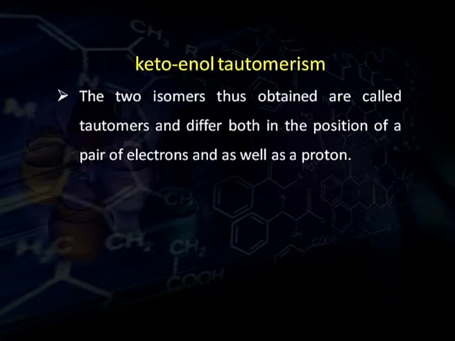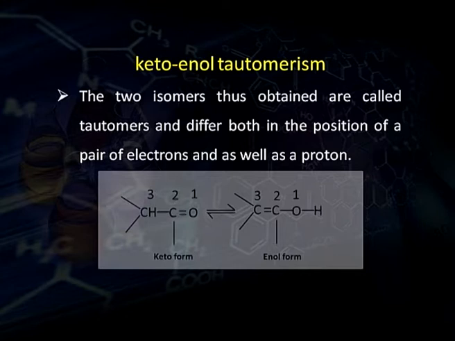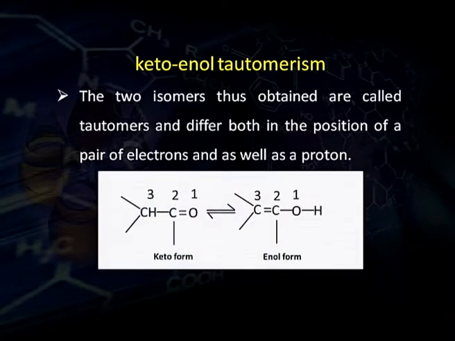The two isomers thus obtained are called tautomers and differ both in the position of a pair of electrons as well as a proton. Now let us see from this structure how keto-enol tautomerism exists. In this structure we label the oxygen as one, the heteroatom, and the adjacent atoms carbon as 2 and 3.